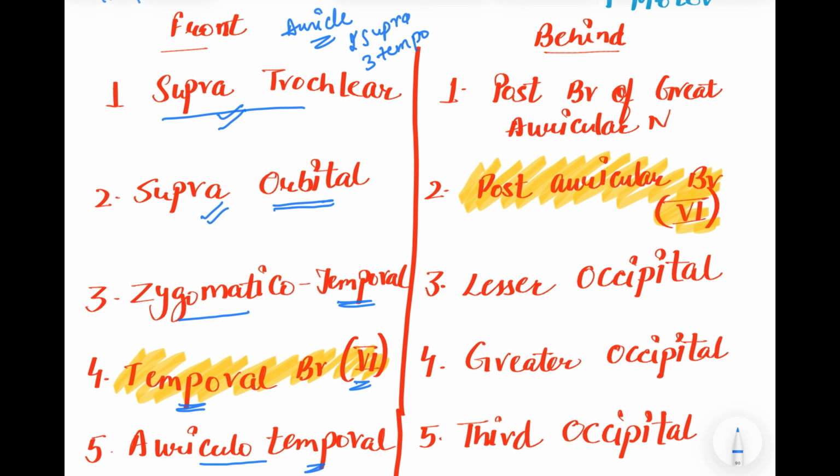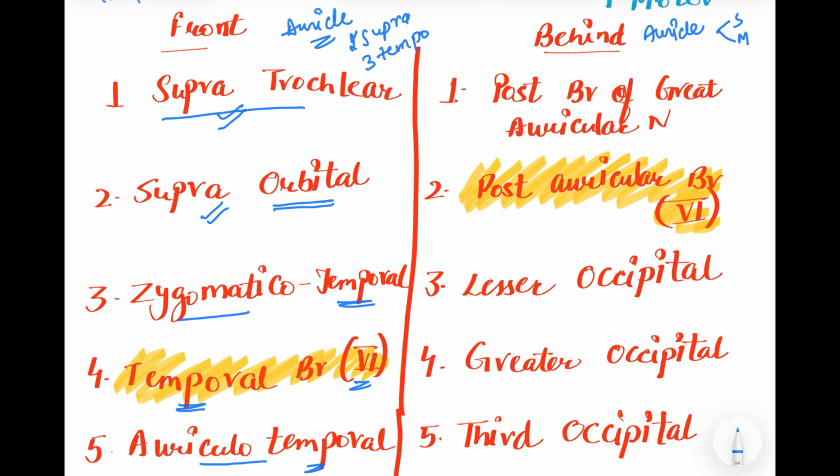If we talk of the nerves which are behind your auricle, as I've said, they are also 5, right? Among that, 4 are going to be sensory and 1 is going to be the motor.